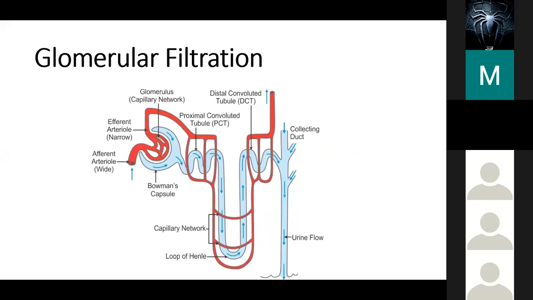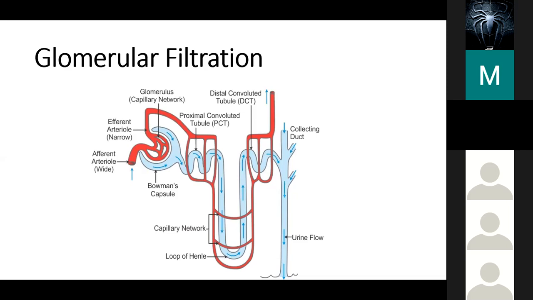Okay, so basically, this is a diagram of the filtration process. It's like a plant. The blood will enter through the afferent arteriole, and then it undergoes ultrafiltration. The ultrafiltrate comes out through the Bowman's capsule.